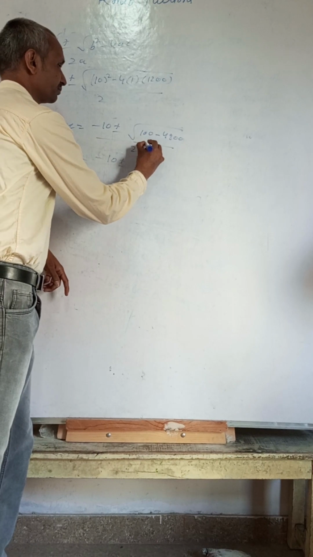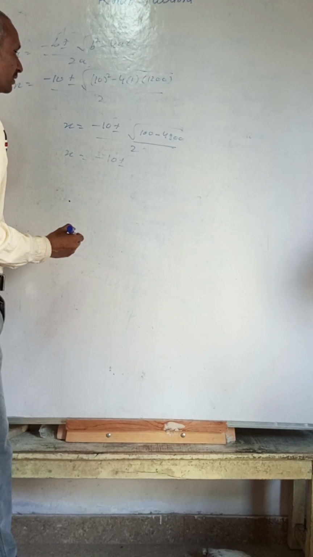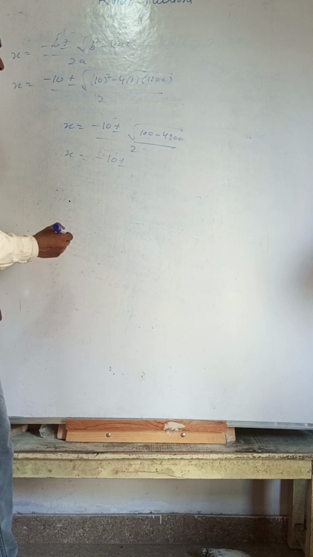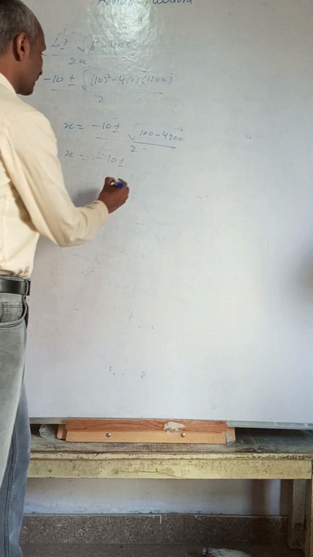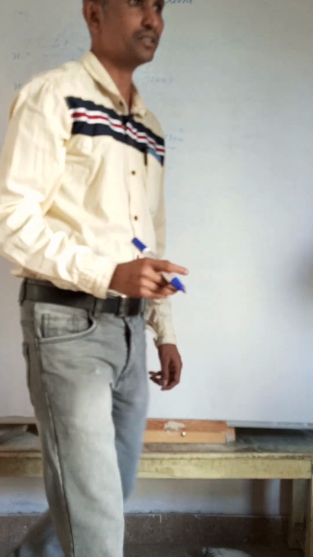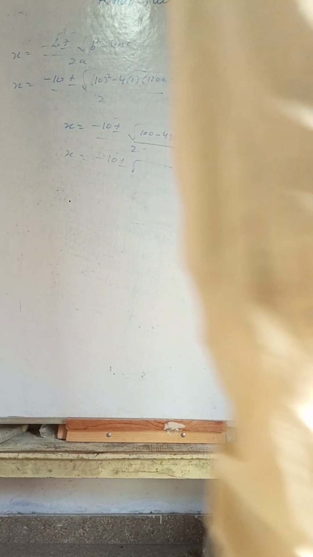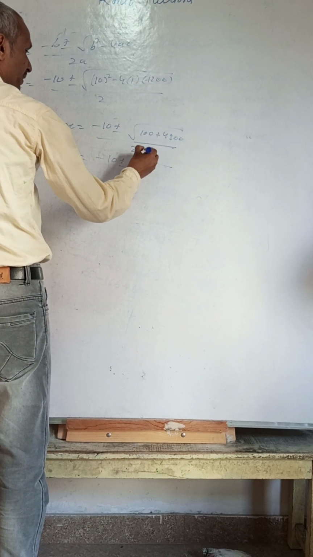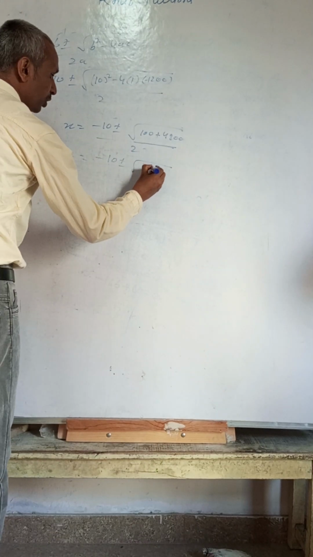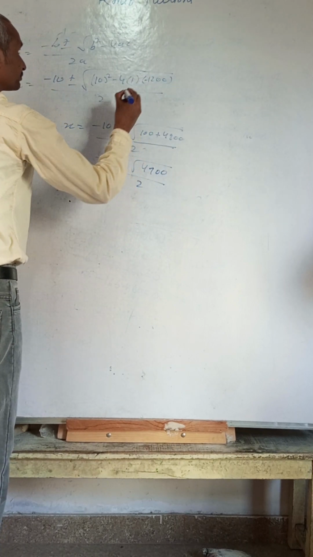Then what will become? Here it is a minus, so here it will become the plus, so it will become 4900 by 2.